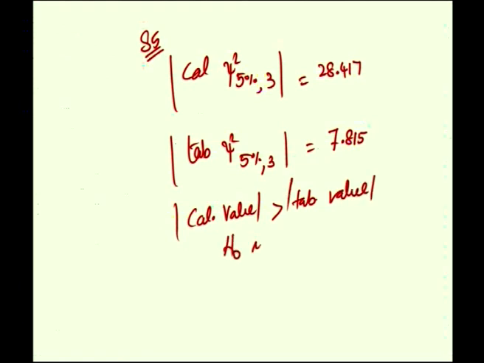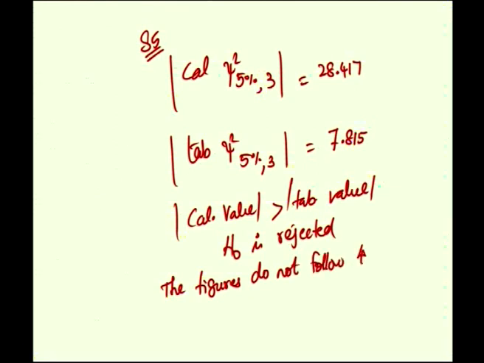So, H naught is rejected, it means H 1 is accepted, and we say that the figures do not follow 4:3:2:1. Okay, that is the ultimate conclusion we can give.